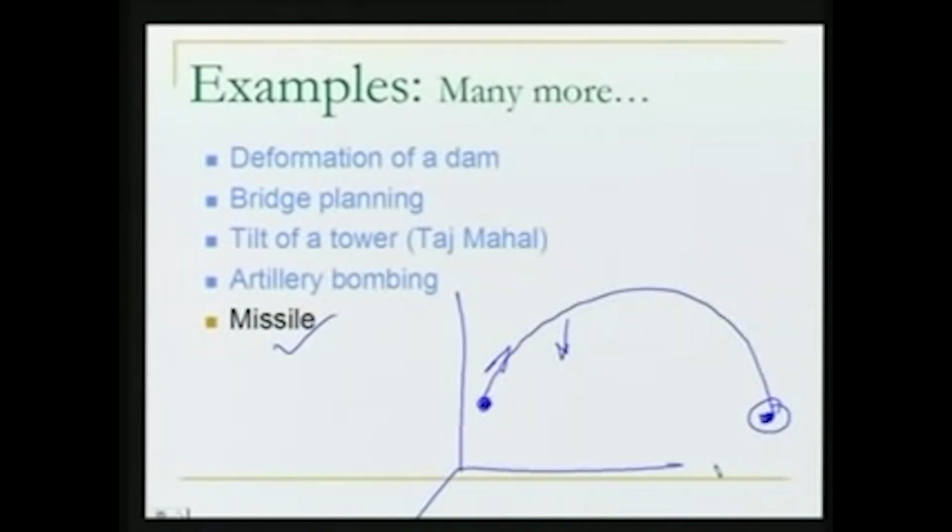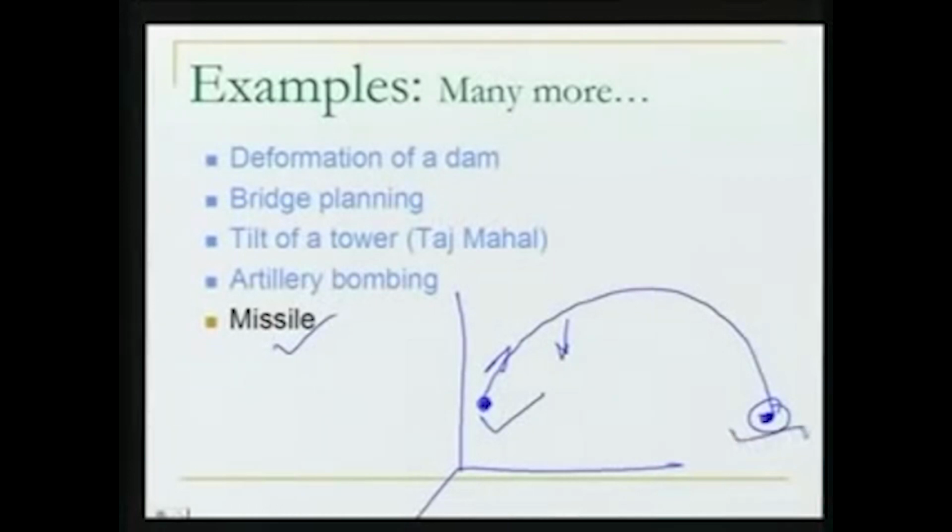Now the question is, how do we know the coordinates? You are firing a missile from, for example, let's say in India to other part of the world. So you should know the coordinates of the place in India as well as the other part of the world. So you need to know these two coordinates in one reference, isn't it?